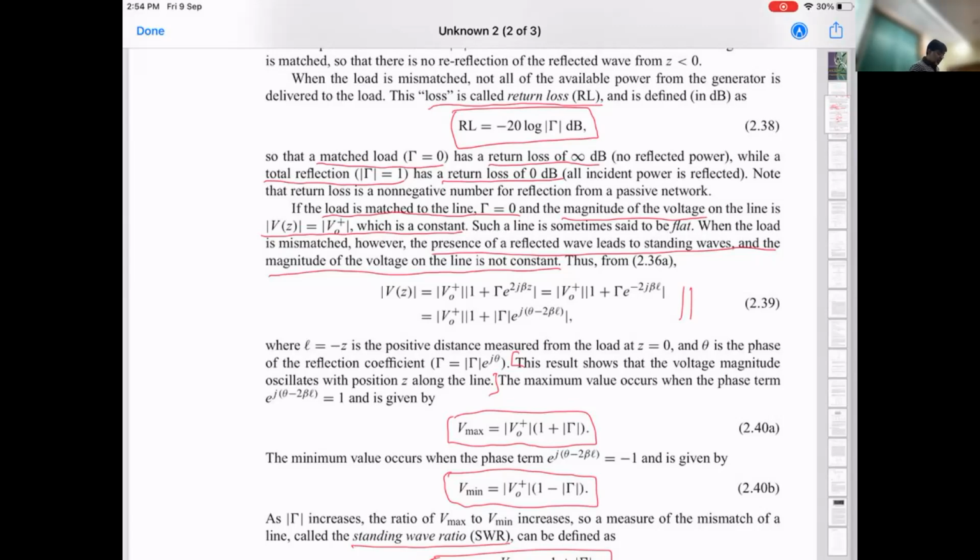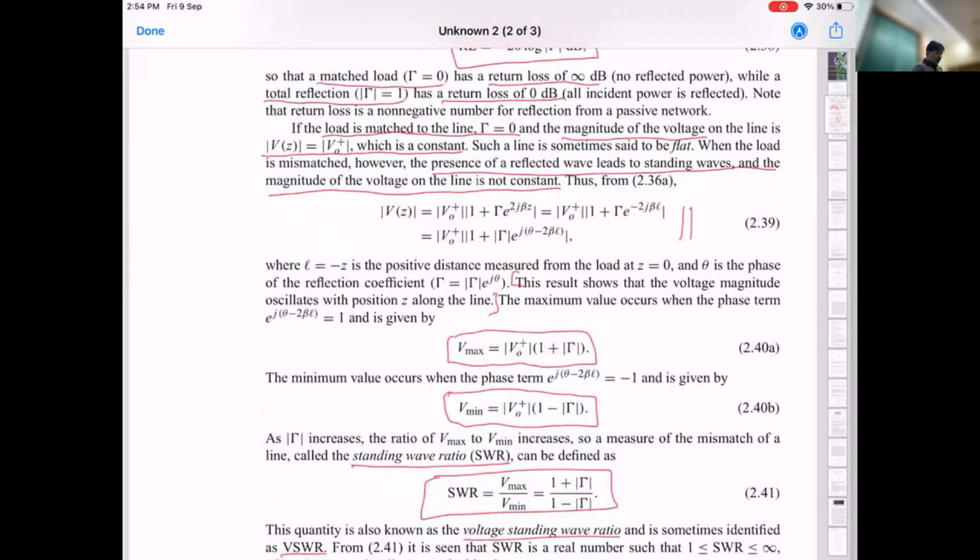And this is what is called the standing wave ratio. This is the ratio of V max, which is going to be given by the incident wave amplitude times 1 plus gamma, and the minimum, which is going to be V0 plus times 1 minus gamma. You can see that this agrees with the intuition we just had: if gamma was 0, Vmax and Vmin are both equal to V0 plus.